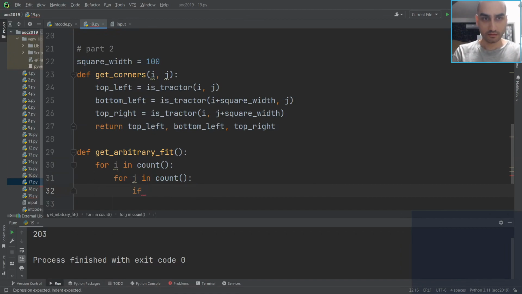If get_corners(i, j) equals true, true, true. I think this might take too long, but let's try it.